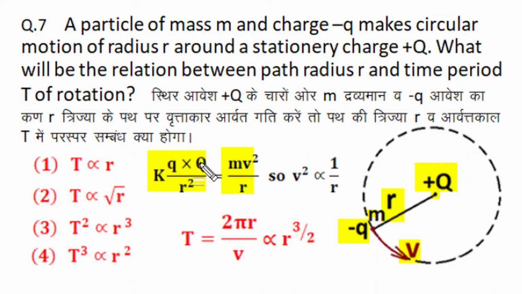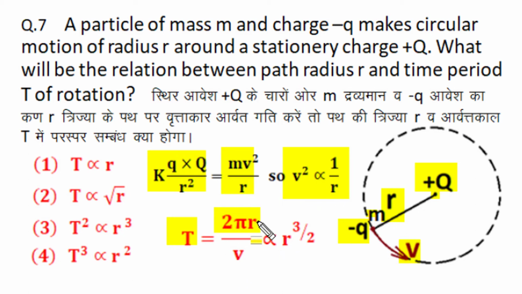Since k, small q, capital Q and the mass of the particle are constant, velocity squared becomes inversely proportional to radius in this circular motion. In circular motion one periphery is equal to 2 pi r, and if this periphery is traveled with tangential velocity v, then the time taken to make one rotation, that is the time period, is periphery divided by velocity, and in place of velocity we can write 1 upon root r.